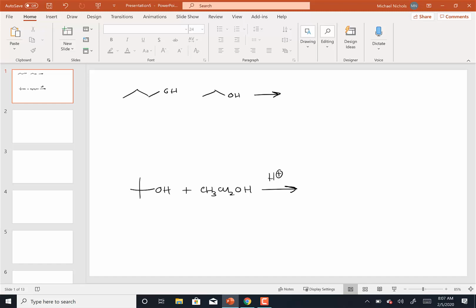So we would protonate the tertiary butyl group first to form the oxonium ion. Then that tertiary oxonium ion would lose water, and we would form a tertiary butyl carbocation, which is perfectly okay to react with a primary alcohol.